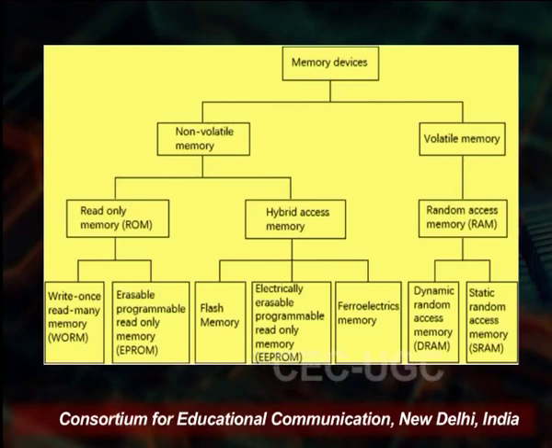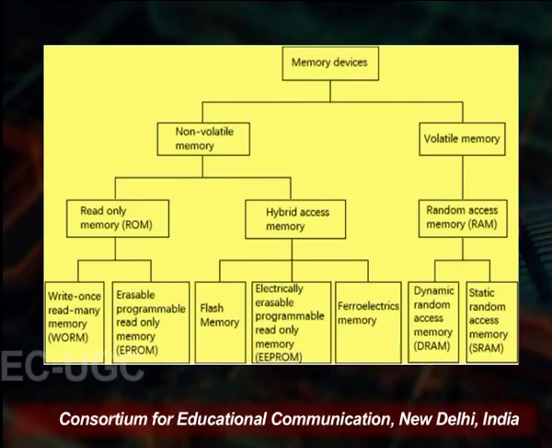Another type is the volatile memory, the RAM, that is random access memory, and this is again divided into two parts. First is the dynamic random access memory, the DRAM, and second is the static random access memory, the SRAM. We will discuss all the memories one by one.